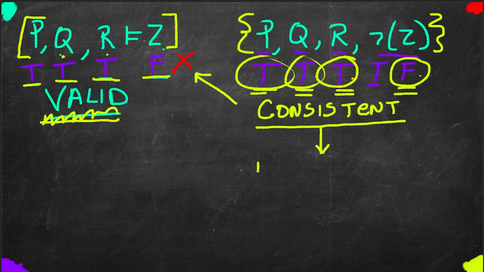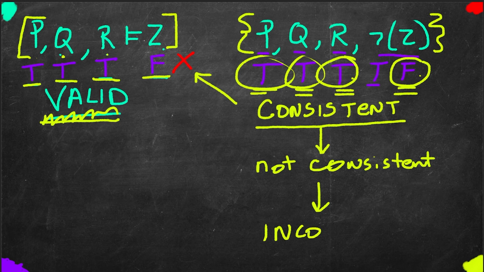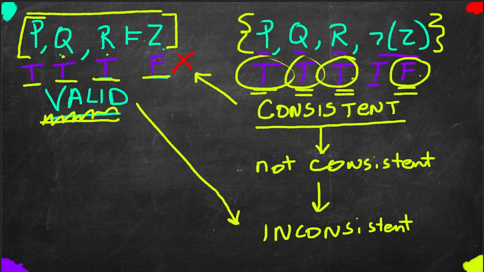And so what that means is if it is not consistent, there is only one other option. A set of formulas is either consistent or inconsistent, and so the set is inconsistent. And so if we assume that this argument here is the case, if we assume this entailment, then the set of formulas that we're analyzing here must be inconsistent.